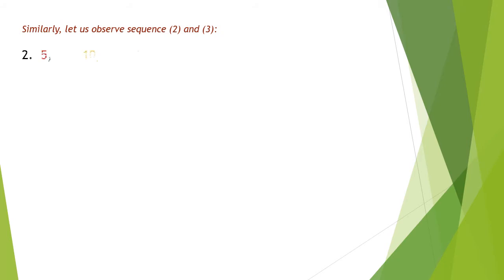As we have already observed sequence 1, and derived the formula M is equal to (A plus B) by 2. So here you can see 5 is the first term and 25 is the last term, and there are 3 terms in between 5 and 25.